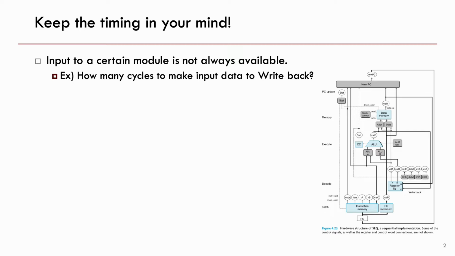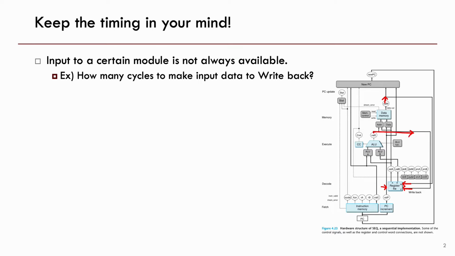The write back stage is associated with writing data to the register file. So when we look at the register file over here, you see two incoming wires, one from the memory over here, and the other from the ALU, like here.